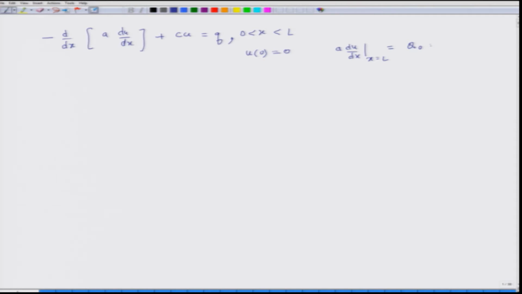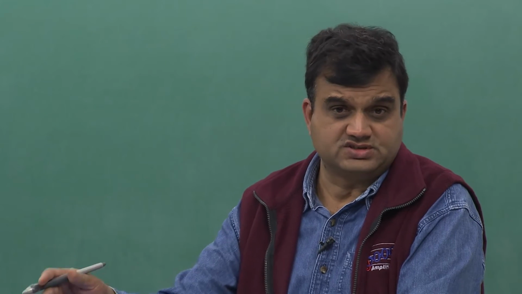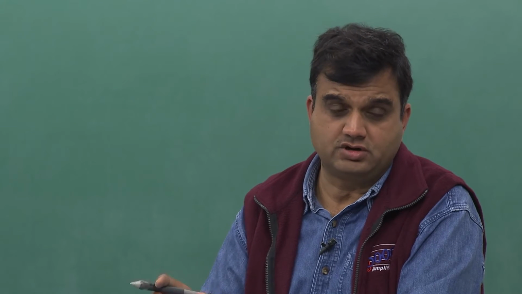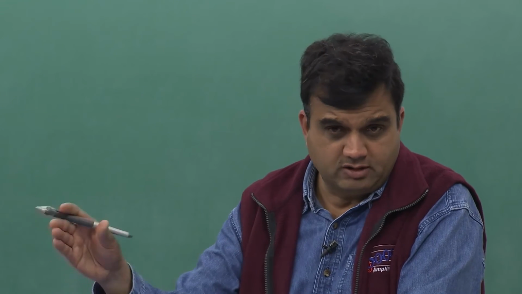naught. So, what we had done was that we had constructed the weak form of this equation, but in finite element method we develop the weak form on an element by element basis, and the residual error and its weak form is equated to 0 on an element by element basis.